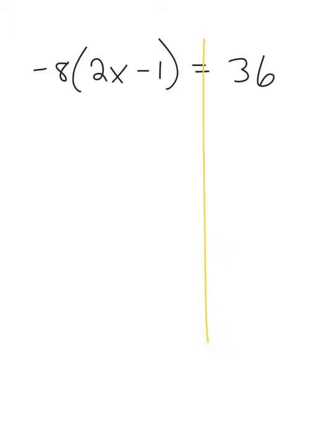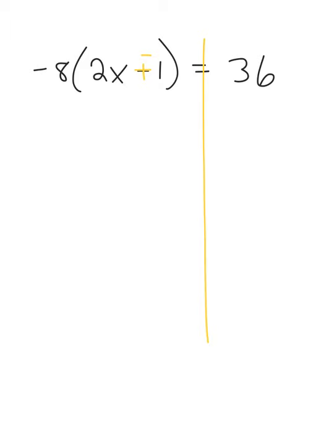On this example, we have a negative 8, open parentheses, 2x minus 1, close parentheses, equals 36. Okay, let's start by drawing that line down the equal sign. Change all my subtraction to add the opposite. Do I have the distributive property?